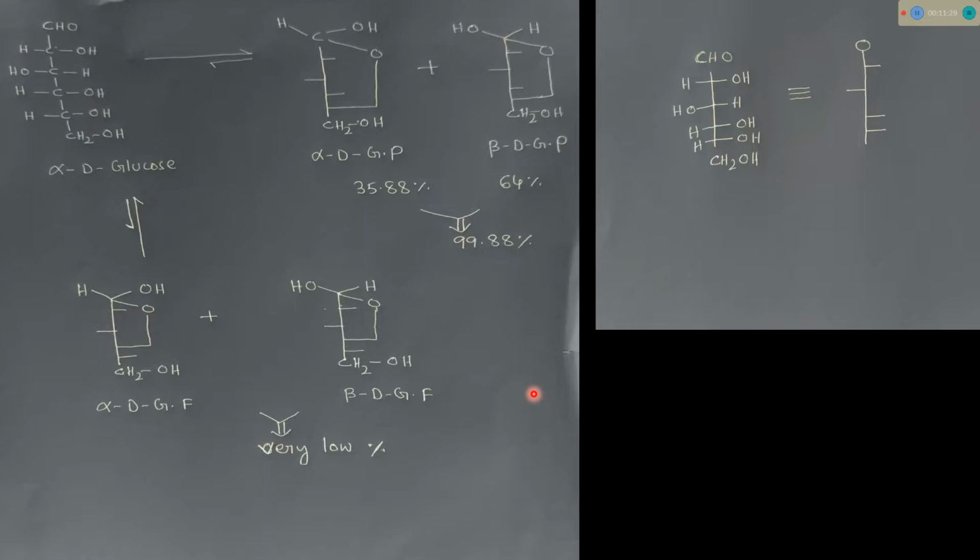Now we all know, if there are many hydroxyl groups in a molecule, then acetone reacts with 1,2-diols which are in cis manner. If they are in trans manner, acetone also reacts, but the reaction rate is very low. In the case of 1,2-diol, acetone reacts to protect the 1,2-diol. In the case of 1,3-diol, benzaldehyde reacts to protect that 1,3-diol.